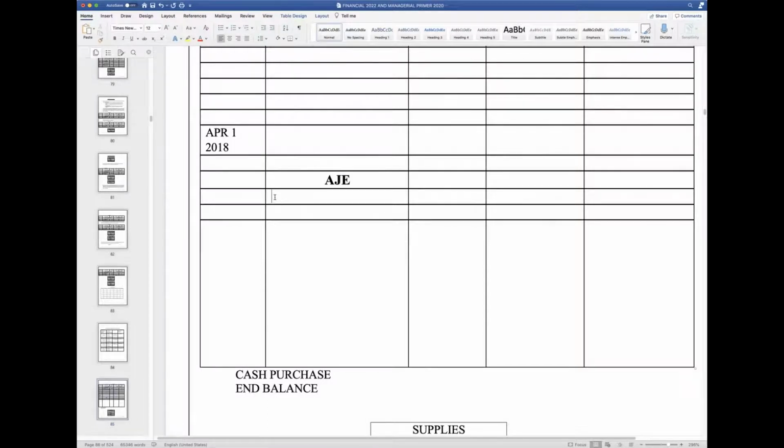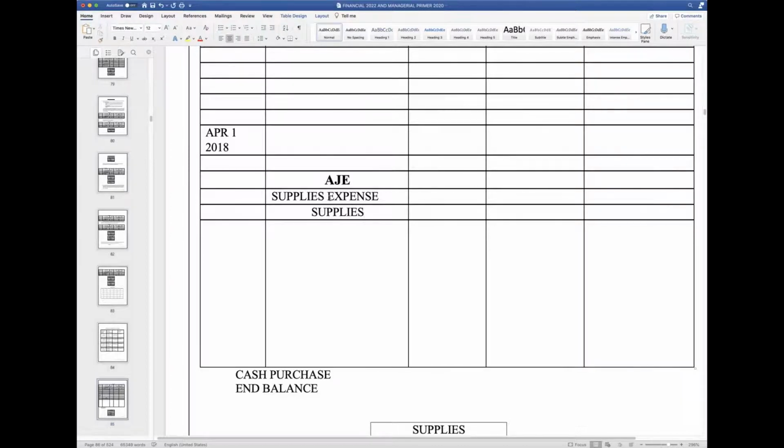A debit of 5,000? What account? Oh, supplies expense. And what are we going to credit? We're going to credit supplies. Yeah, my fault, supplies.